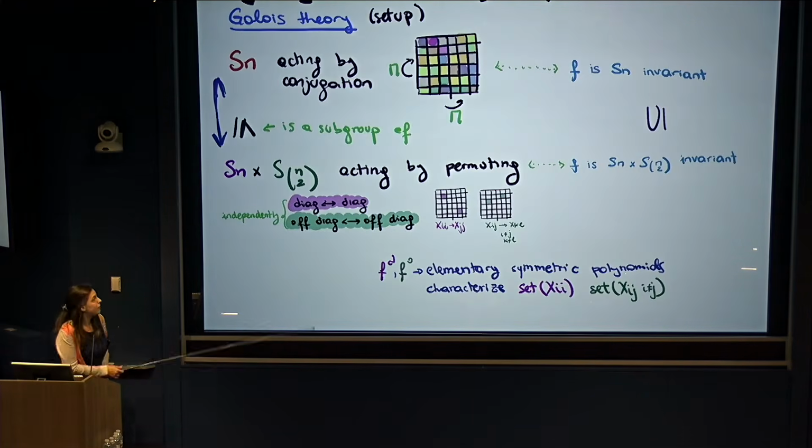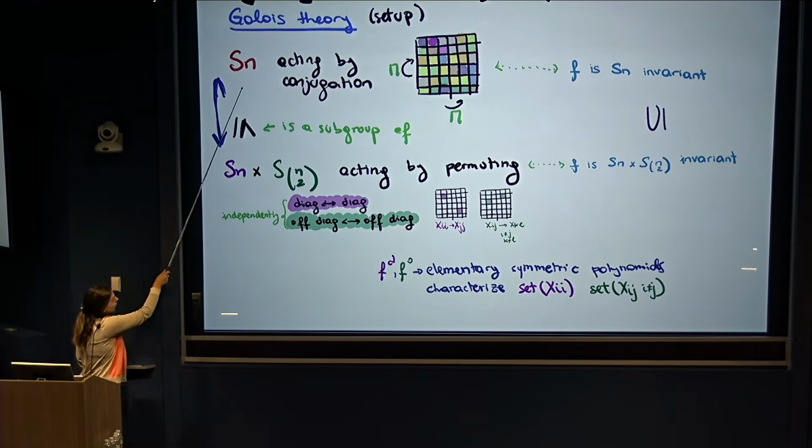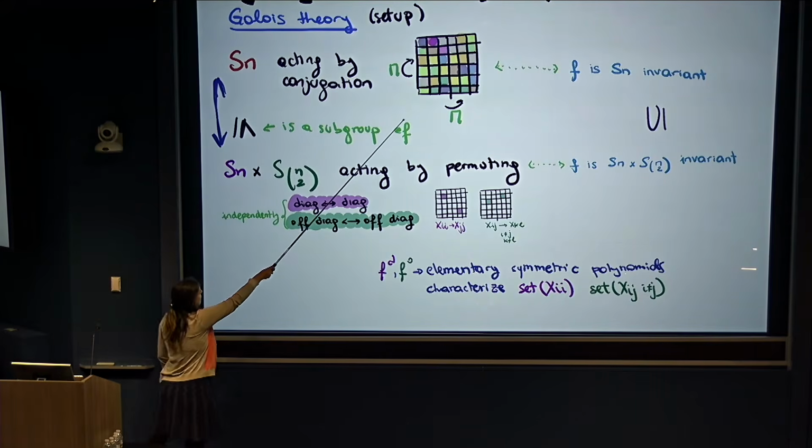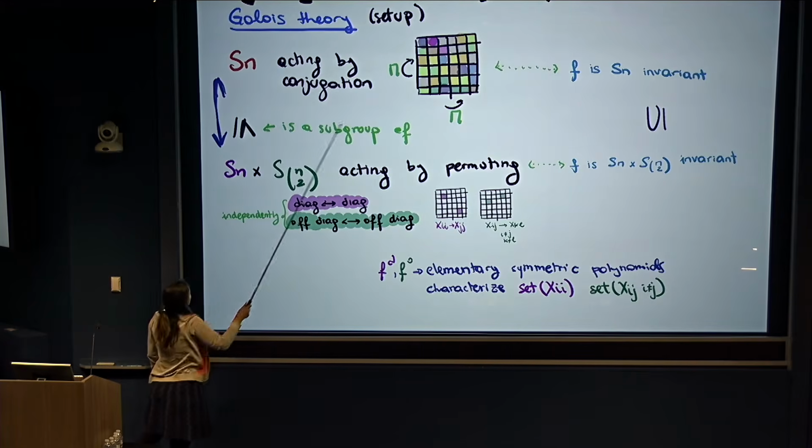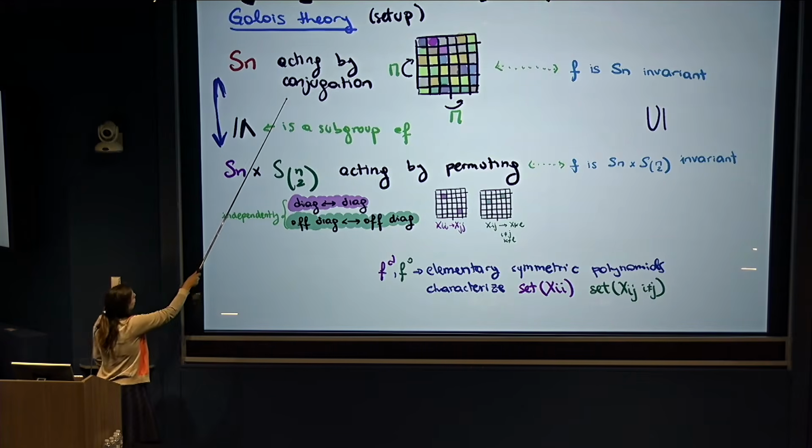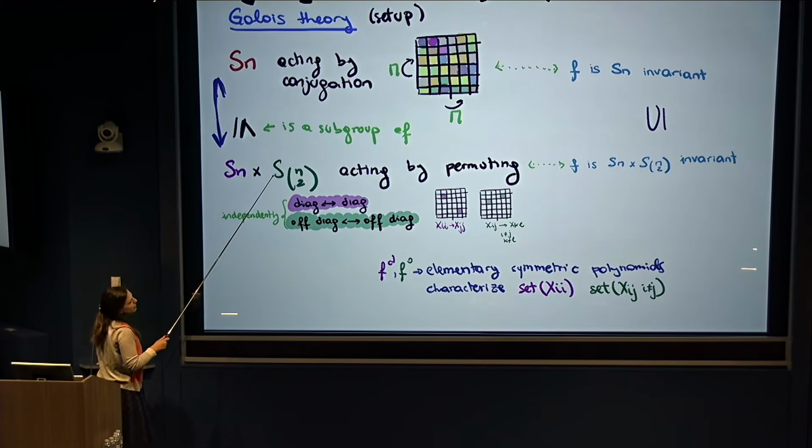And so the Galois theory approach says the following. I have my group of interest, which is the group of permutations acting by conjugation on these symmetric matrices. And then this is a subgroup of an easier group to handle, which is the group of permutations of the diagonal elements and the off-diagonal elements independently.